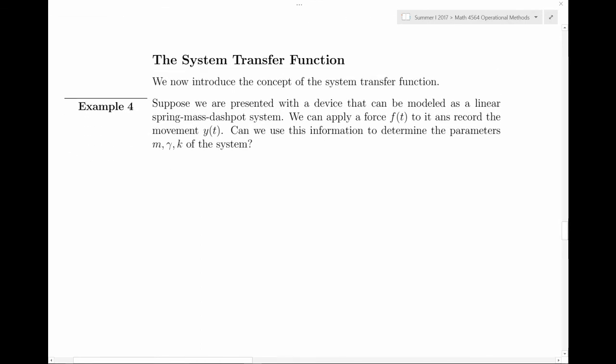The last thing I want to consider today is the concept of the system transfer function. What we have seen in many of our examples when we looked at initial value problems is that most of the time the Laplace transform of the solution y is the Laplace transform of the right hand side multiplied by a very special function that depends only on the differential equation.